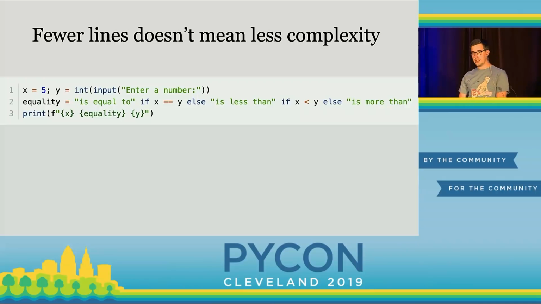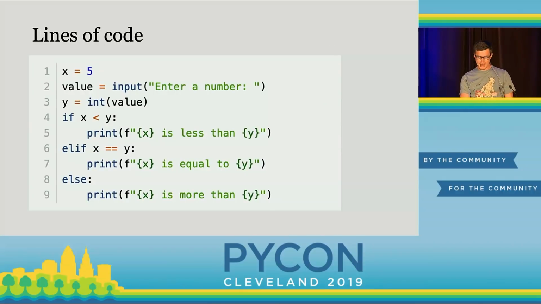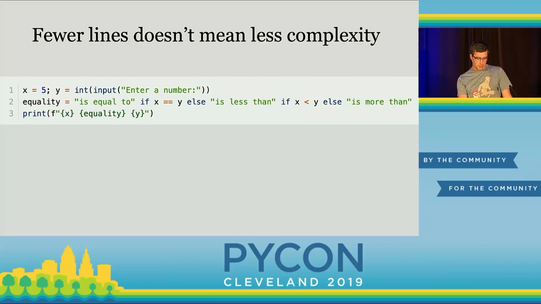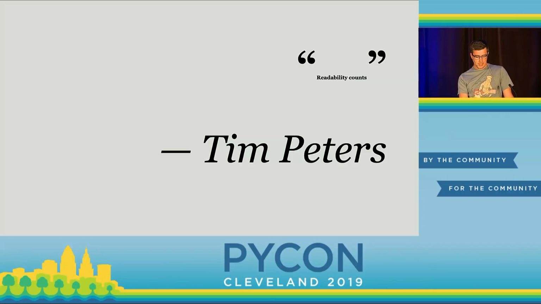But I can represent that same code example in fewer lines of code, but there's one massive issue with this example. So I've used a few funky Python syntax here. It basically does exactly the same as this, but it's on 3 lines. So there's less code, so that should be a good thing. But as Tim Peters famously said, readability counts.